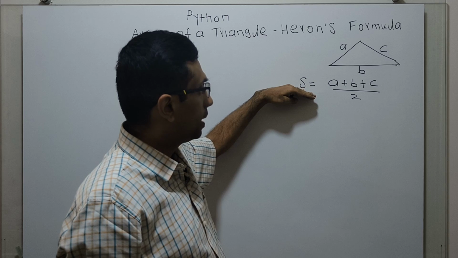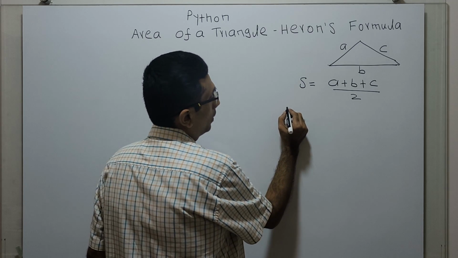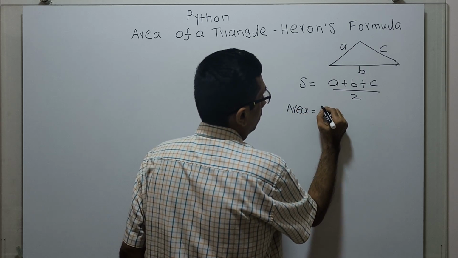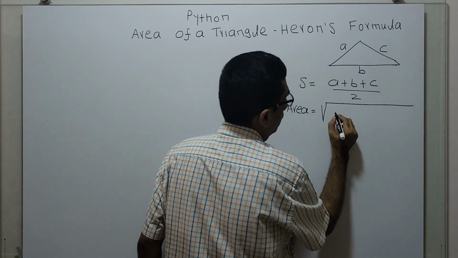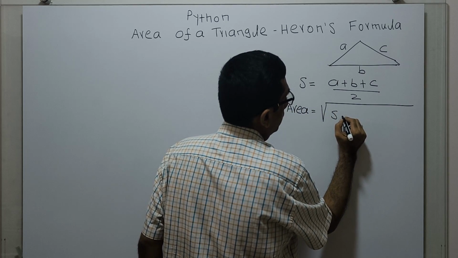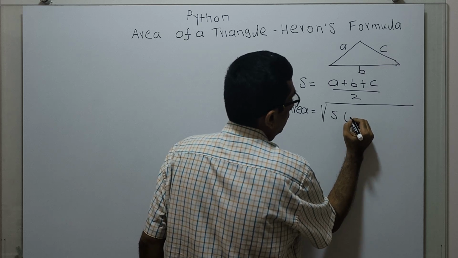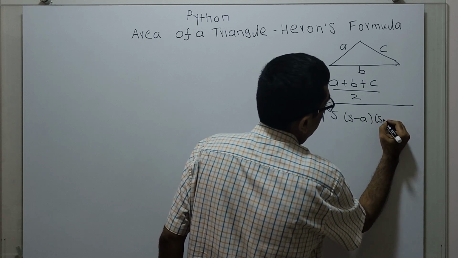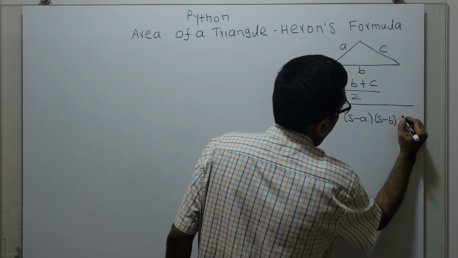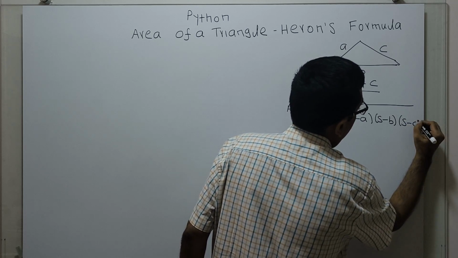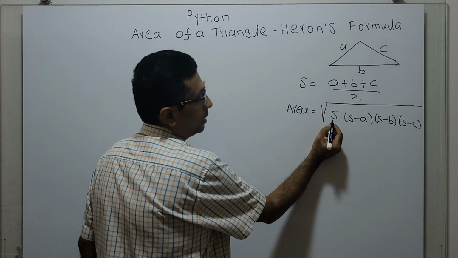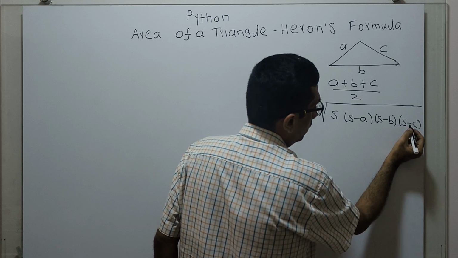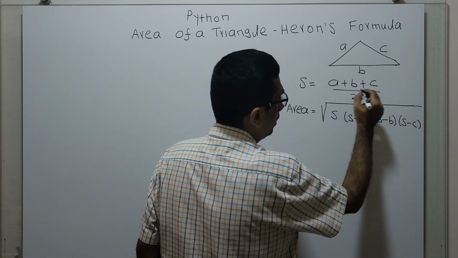So I am obtaining the semi-perimeter. To find the area, area equal to square root of S multiplied with S minus A multiplied with S minus B multiplied with S minus C. What are A, B, C? A, B, C are the three sides.